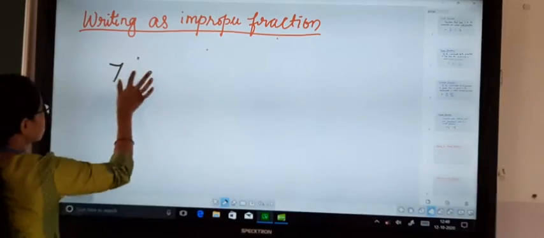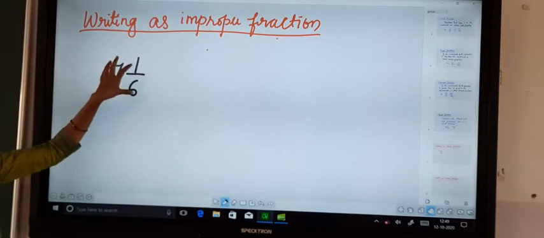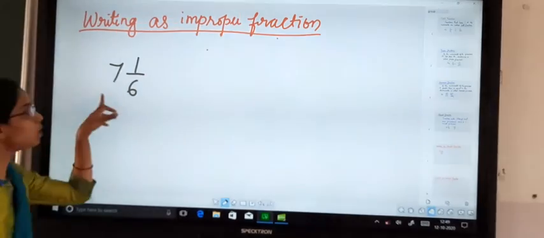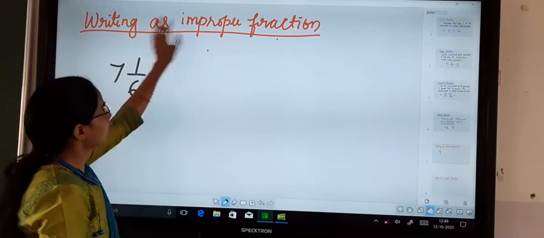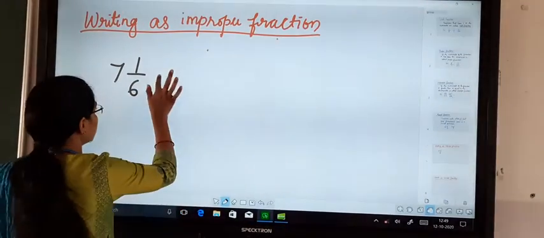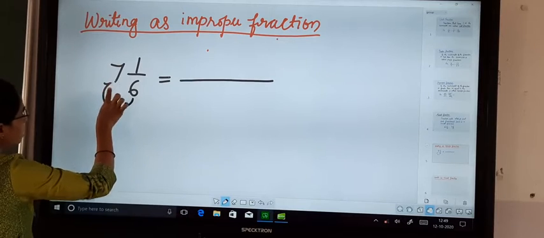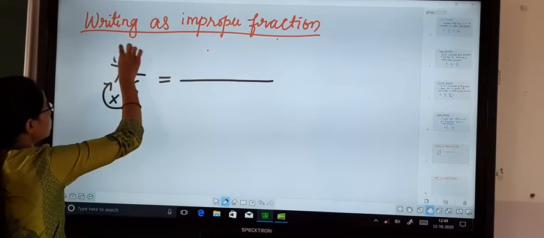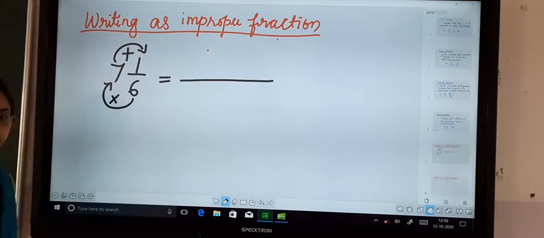Suppose this is 7 1 by 6. It is a mixed fraction. It contains one fractional part and one whole part. If I want to transform it into an improper fraction, what is the method? So I will multiply the denominator with the integer, then I will add the answer to the numerator.